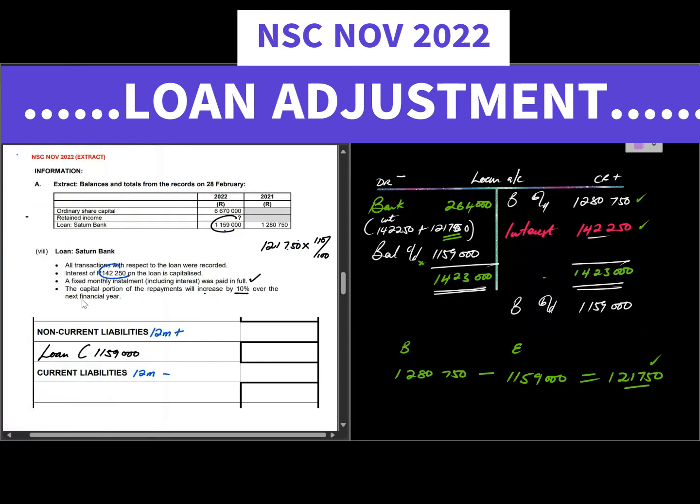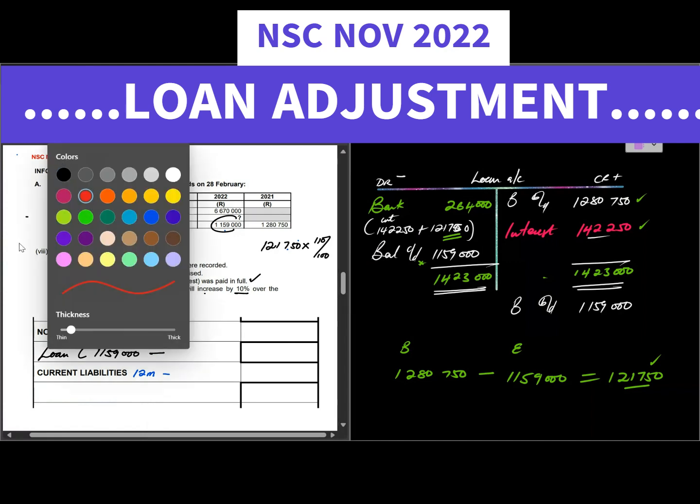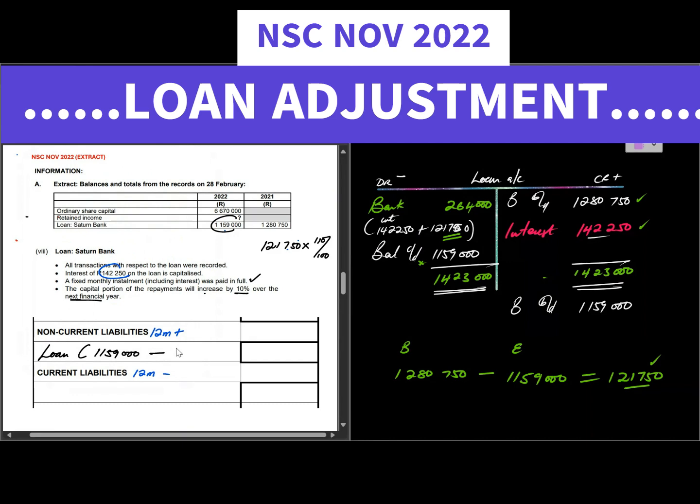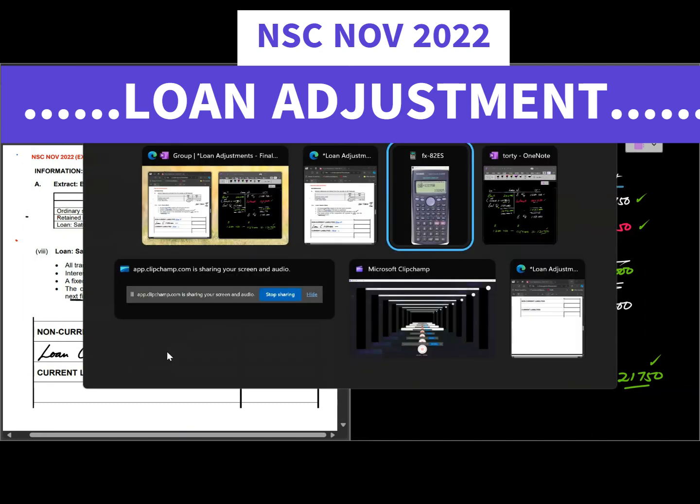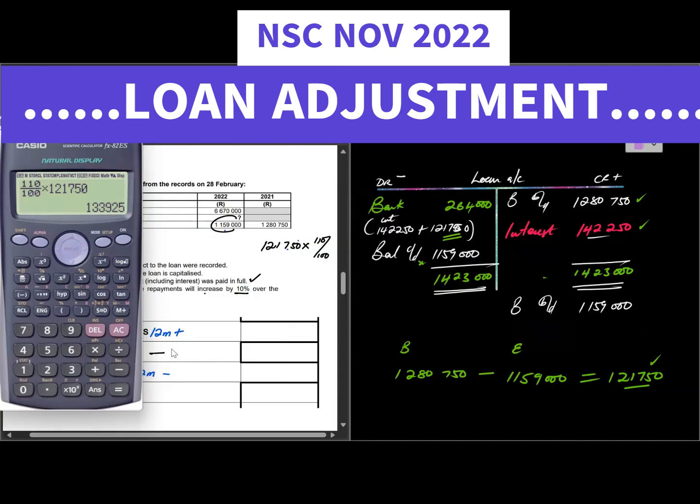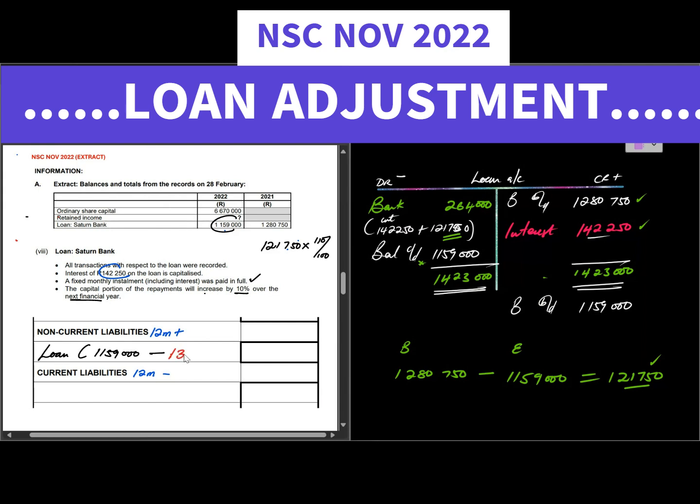But this is for the next financial year. So I'll come in and say minus. Once we talk of the next financial year, we're talking current portion of loan. And we know that our current portion of loan, we have calculated it, and it is 133,925. So I'll come here and say minus 133,925.